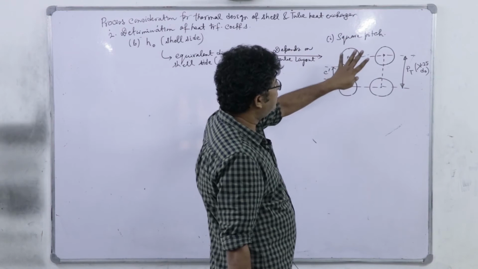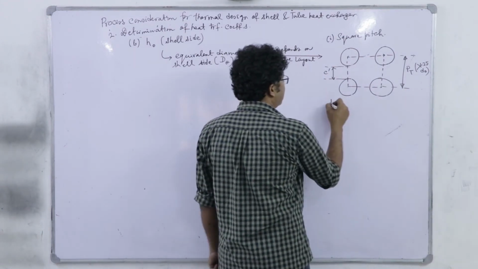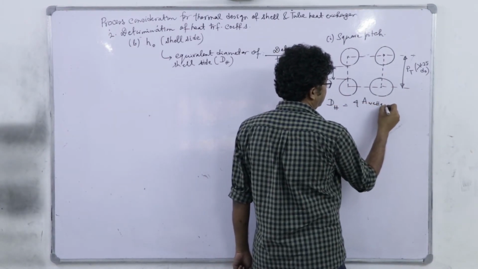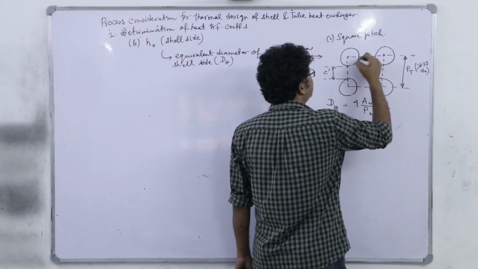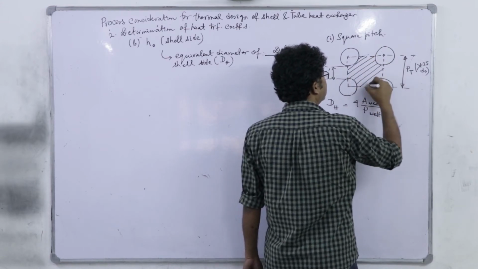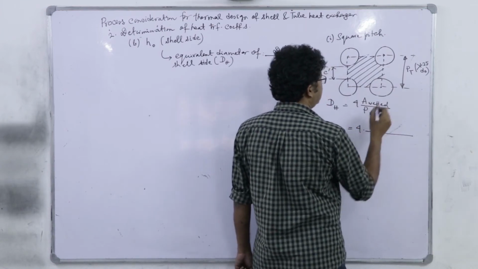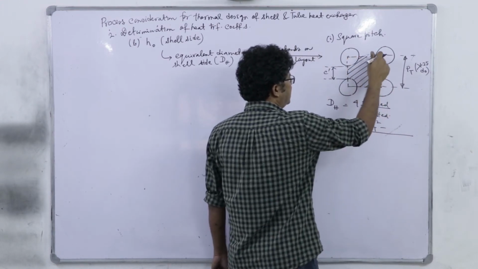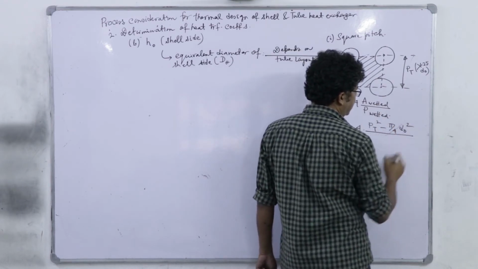So, for equivalent diameter calculation, we have to use DH is 4 into wetted area by wetted perimeter. For this unit of square pitch, the wetted area is this. So, 4 into the wetted area will be PT square minus the four quarter circles, that is pi by 4 d naught square, to be subtracted.